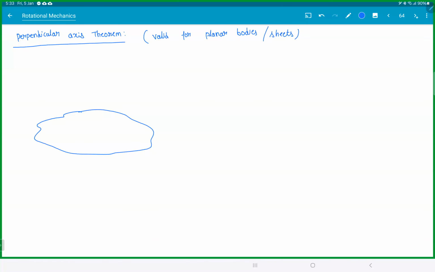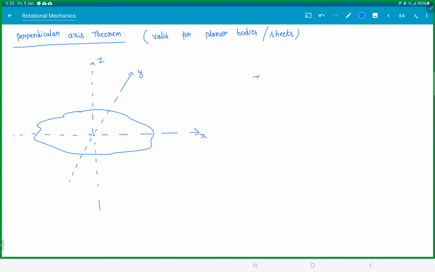So if you have a sheet, let's say this is X, this is Y, and this is Z.